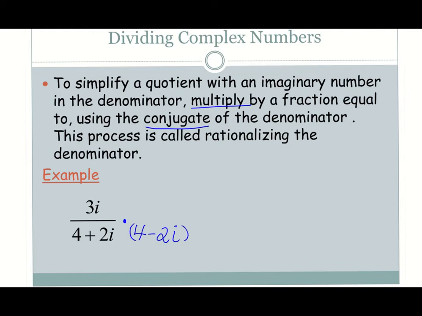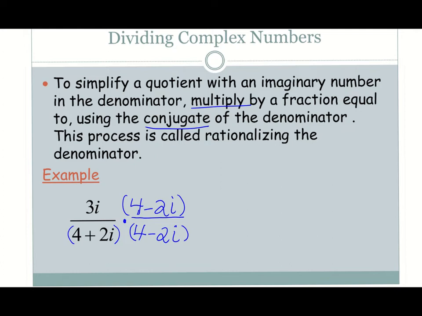Well, if I just multiply the denominator, I'm changing my problem. So I don't want to change the problem, I want to keep it the same, so I have to multiply by 4 minus 2i in the numerator as well. Because 4 minus 2i divided by 4 minus 2i is 1, and that's not going to change my problem. Keeps it the same.